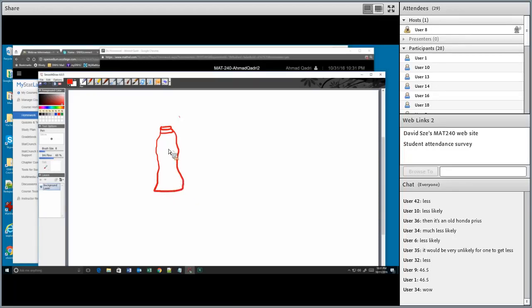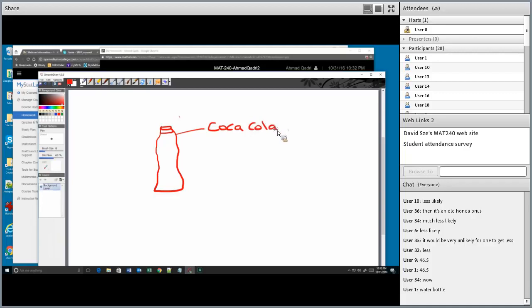Terrible drawing, but anyway. You can think of this as a water bottle, or any bottle. But really what I was thinking about was Coca-Cola, or Pepsi. I guess I shouldn't prefer one over the other.